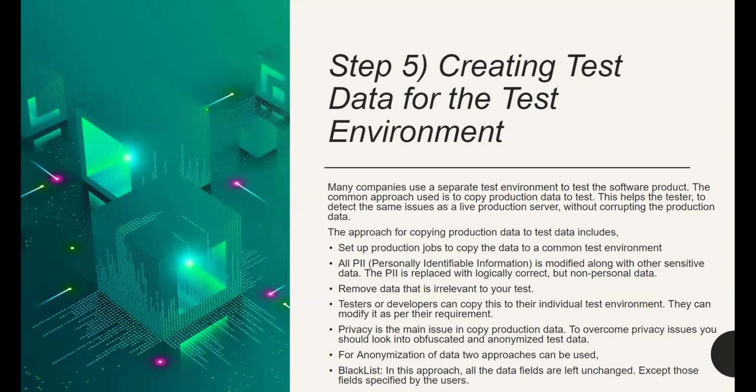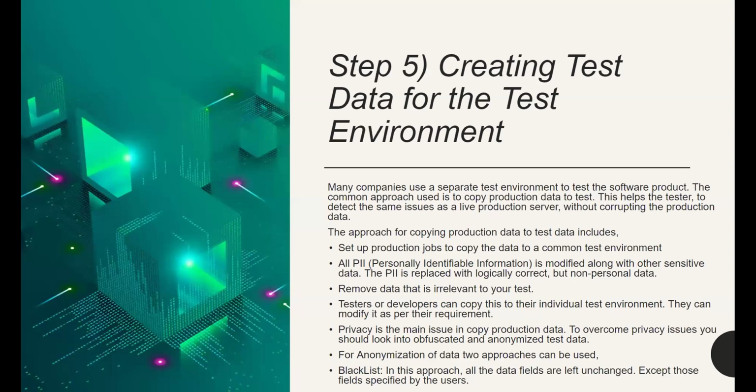The approach for copying production data to test data includes setting up production jobs to copy the data to a common test environment. All personally identifying information is modified along with other sensitive data, so that the PII is replaced with logically correct but non-personal data. Remove data that is irrelevant to your tests. Testers or developers can copy this to their individual test environment, and they can modify it as per their requirement.